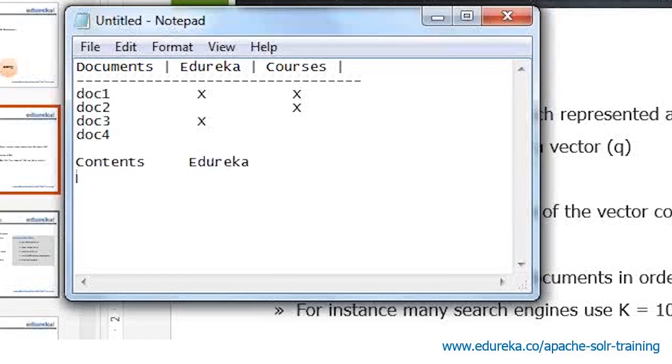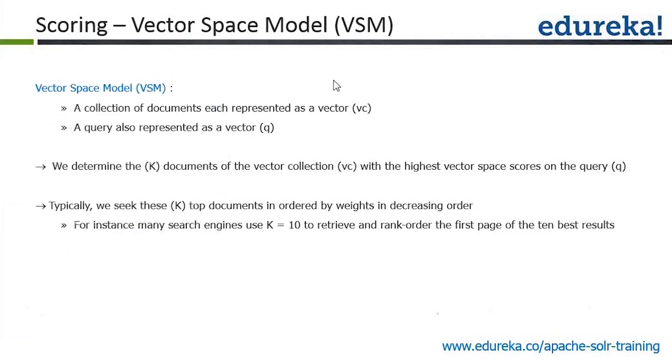If you're looking for multiple fields, say there is another field, contents, and you are also looking for courses, this is another dimension, a query vector, which is also represented in the vector space model for querying the documents.